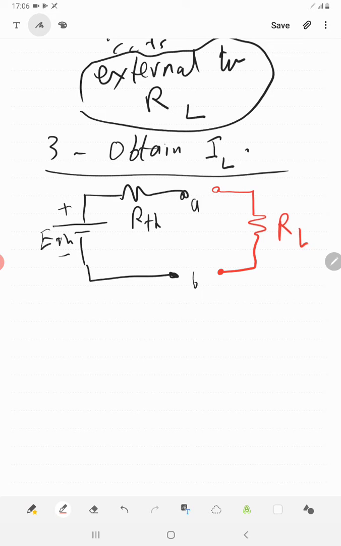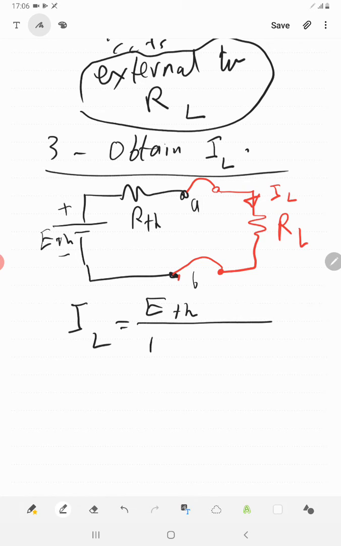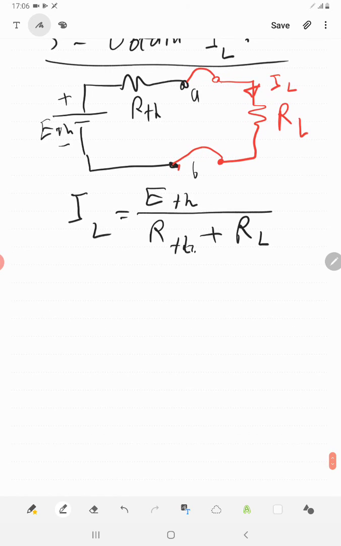Now what we do, we connect back R load to the circuit. So what we'll be having, I load, okay? Now what is I load? It will be simply E Thevenin divided by R Thevenin plus R load.